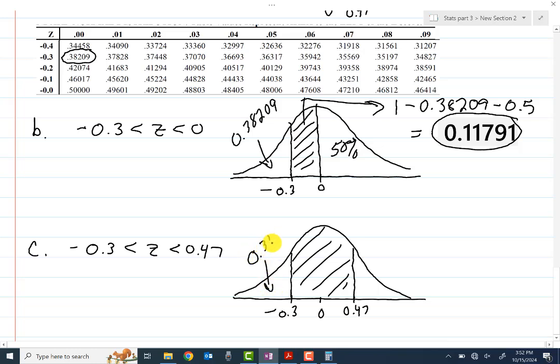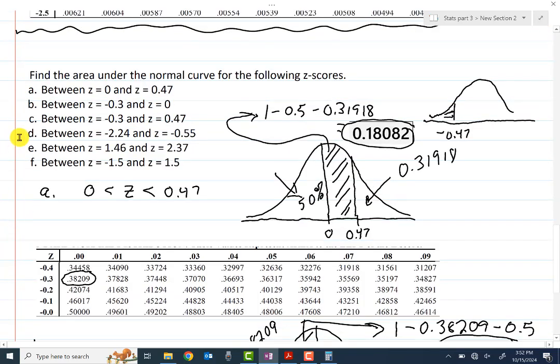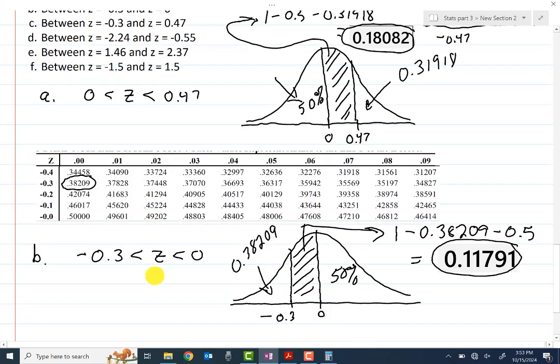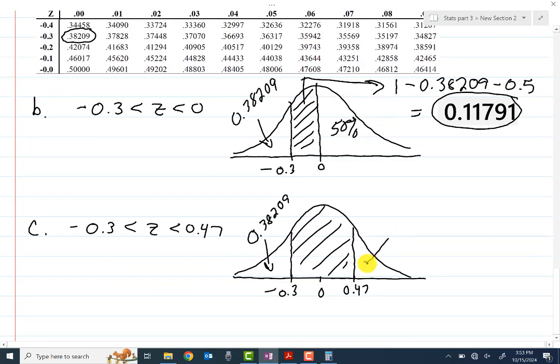I'll get 0.38209 for that. I think we did this in one of the first problems. Let me see if the 47 was the first one we did. Well, we didn't actually do it, but we did find this out here. This is the area, 0.31918. So that's this area here. And then to get the stuff in the middle, as with all the other problems, we'll do 1 minus 0.38209 minus 0.31918. And that'll give us our answer.